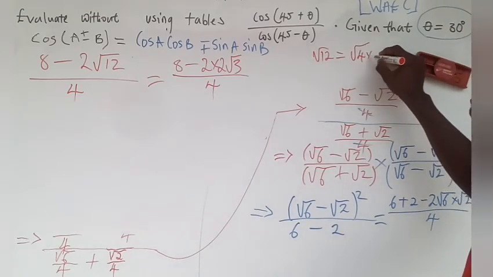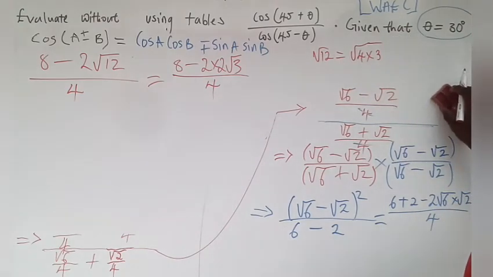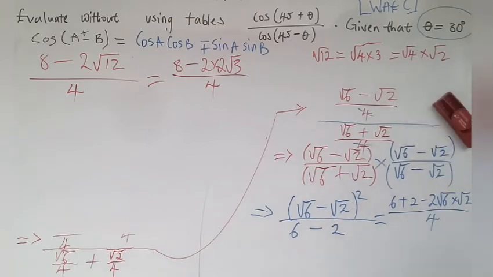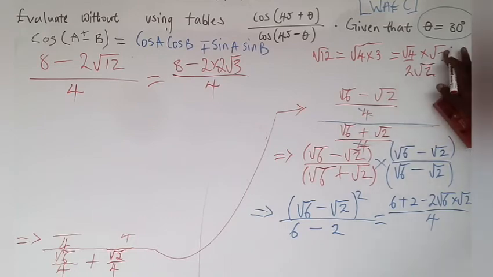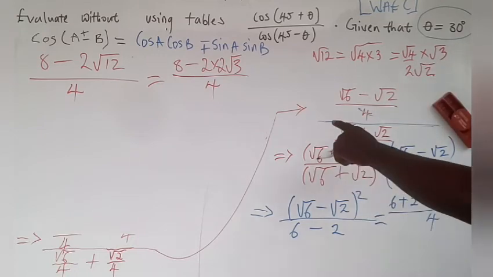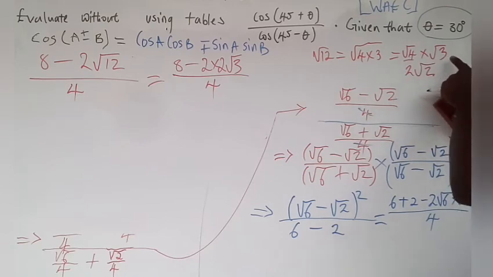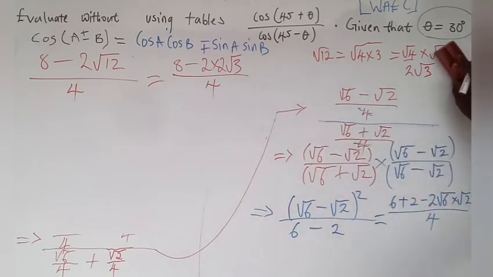Root 12 is root 4 times 3, so square root of 4 times square root of 3. That's what we can split this into. Square root of 4 is 2, so 2 times square root of 3. That is 2 root 3.